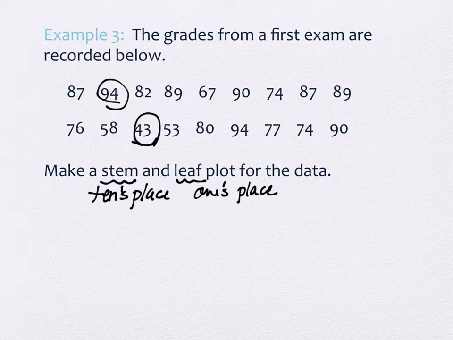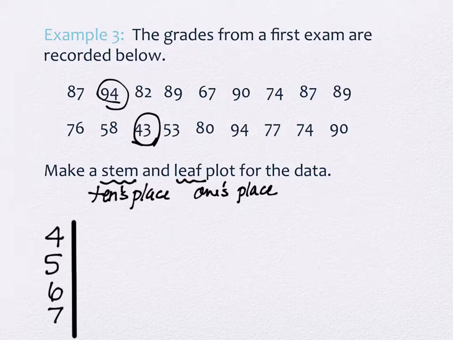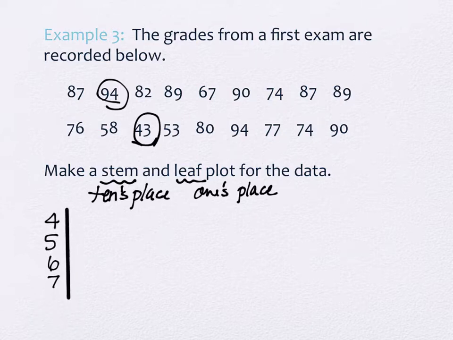Okay, cool. So I'm going to draw a vertical line, and I'm going to include all of the tens values from 40-something up to 90-something. So I'm going to have a 4, 5, 6, 7, and then I realize that I made it too big. It's all right. 8 and 9.